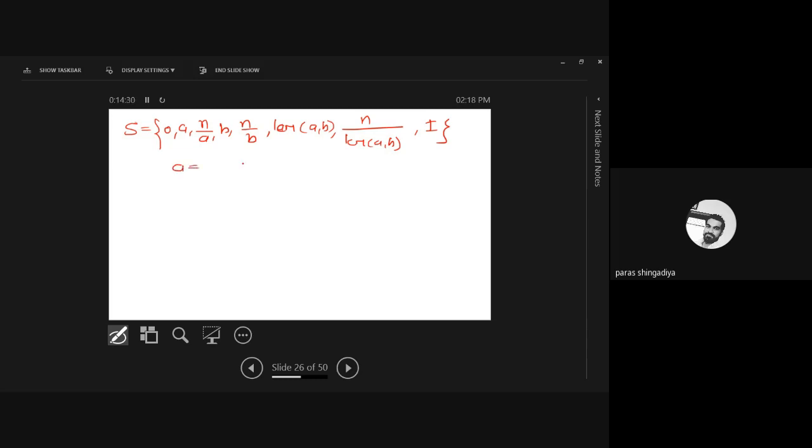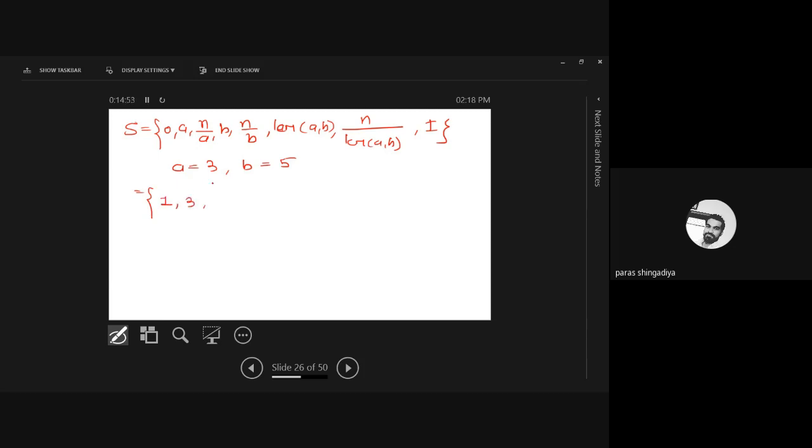We have 3 atoms, 3, 5 and 7. So any value you can take as A and B. Okay, you can consider any two values as A and B. So let's take A is equal to 3 here, okay, and B is equal to 5. These are two random values from the atoms, okay. And let's put in this formula and let's check all these values. So the 0 element is 1, okay.